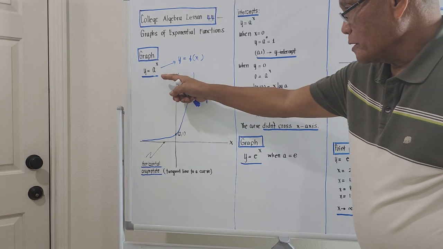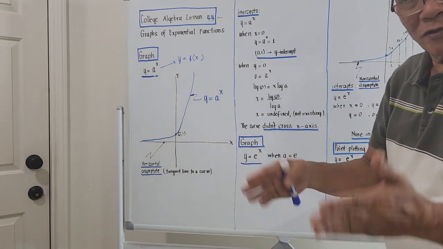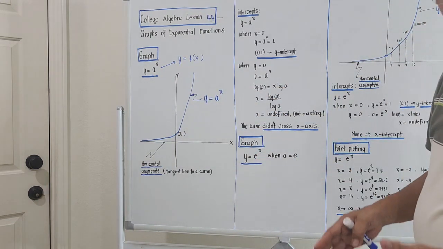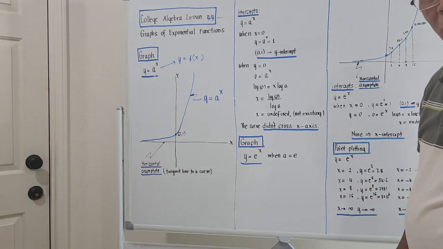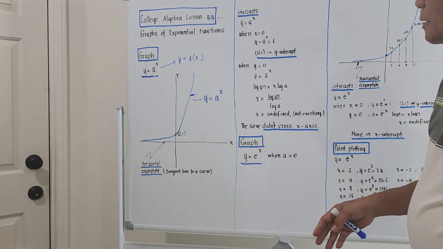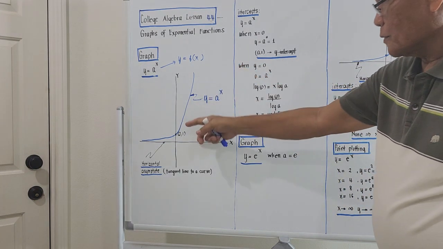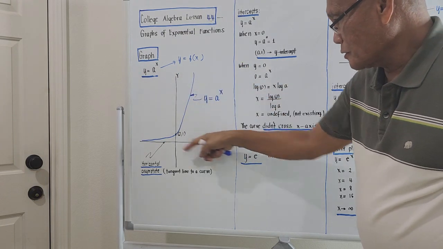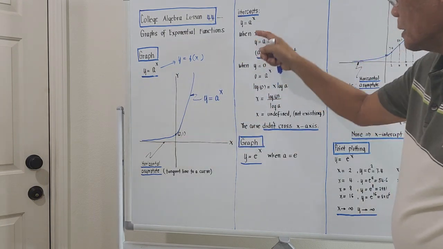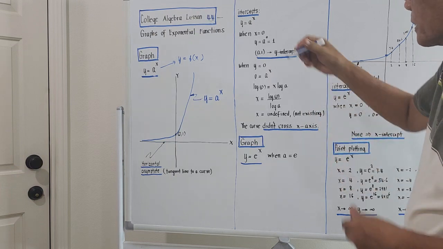But for this y equal to e to the x, it's not even a straight line. It is an exponential equation. Okay, it varies. So to compute for the y-intercept and x-intercept, if there are any, we will bring out the equation y equal to e^x.